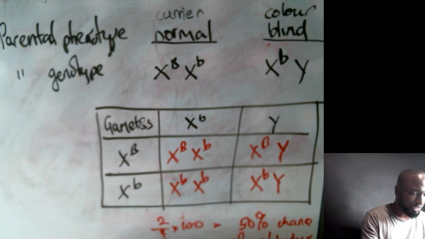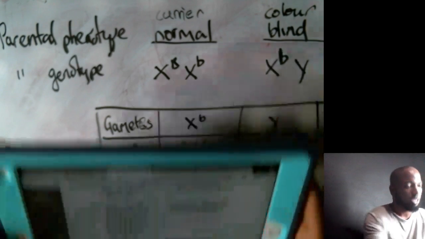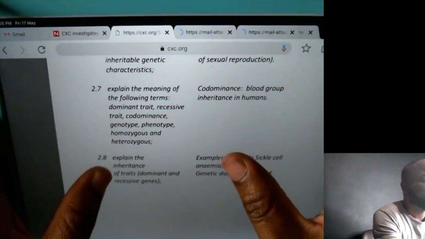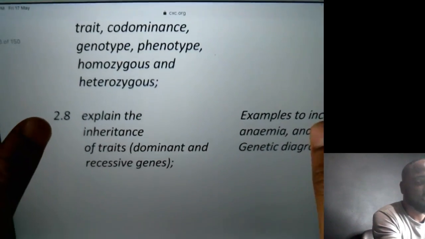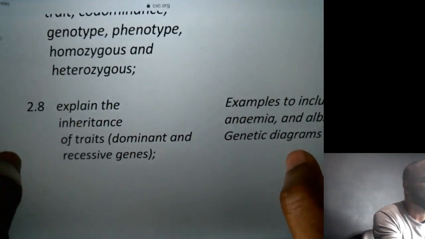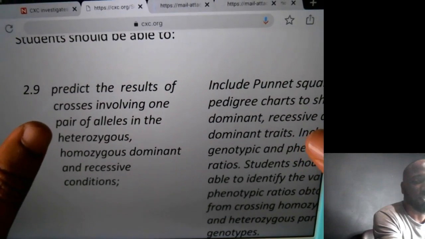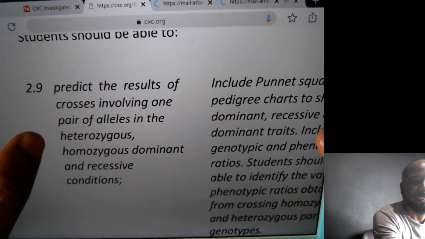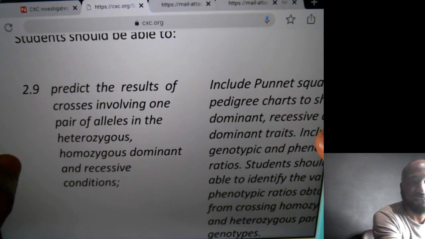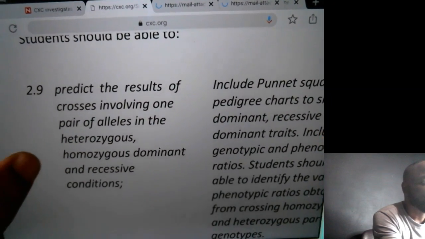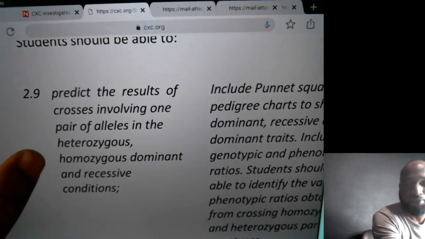Let's take a look at where we were. Explain the inheritance of traits, dominant and recessive. We did a question on that and talked about it right through. You need to predict the results of crosses involving one pair of alleles in heterozygous and homozygous dominant and recessive conditions. So you understand what heterozygous and homozygous mean.